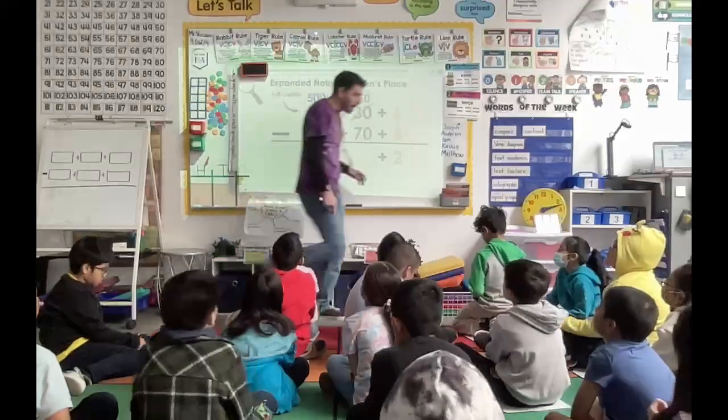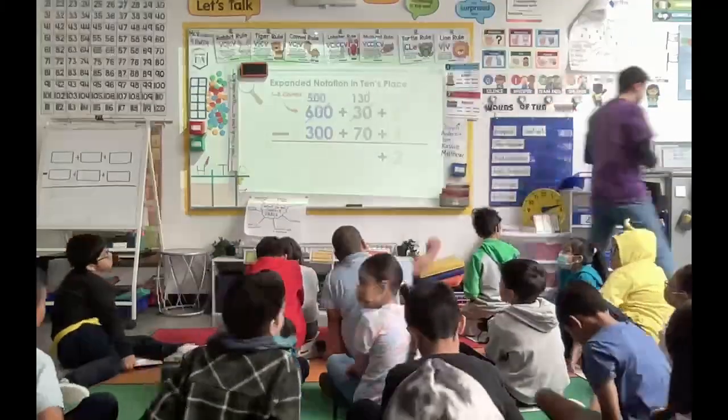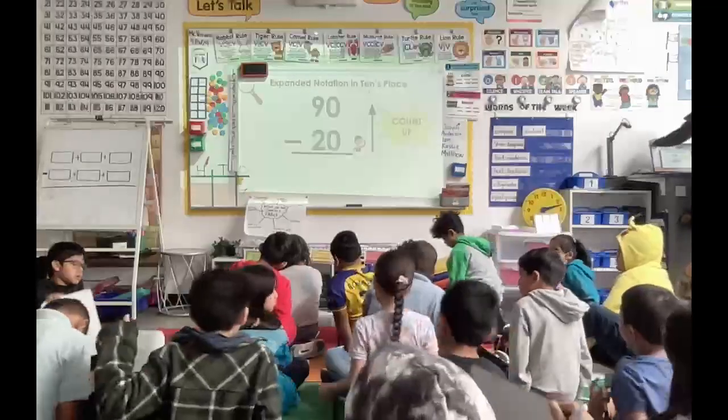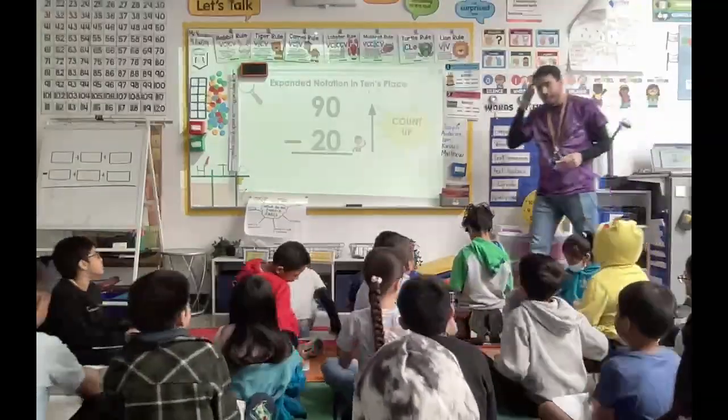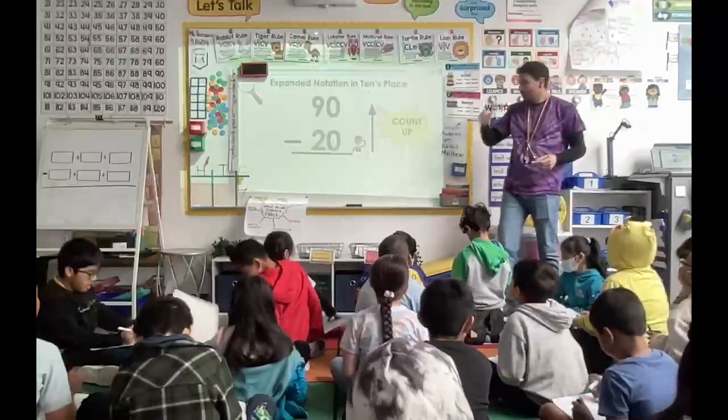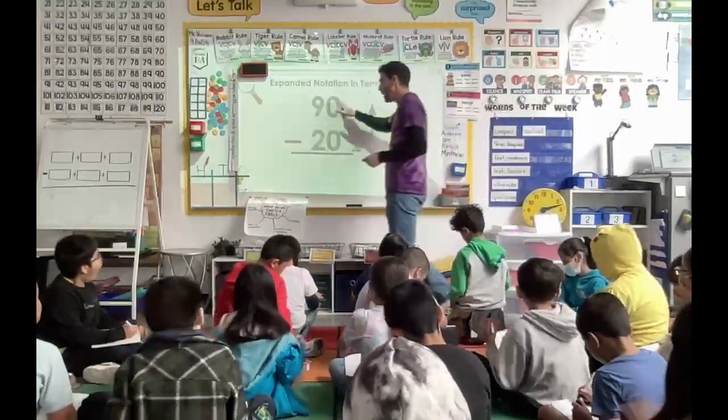Let's try it. Take out your whiteboards. I want you to show me this equation and show me how you would count up starting at 20 and counting up to 90.